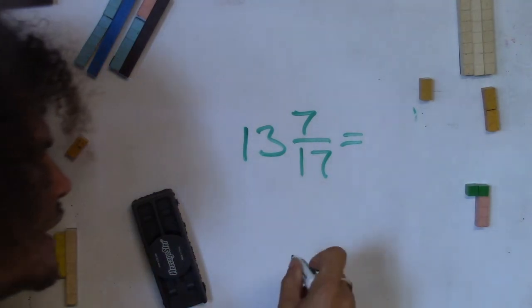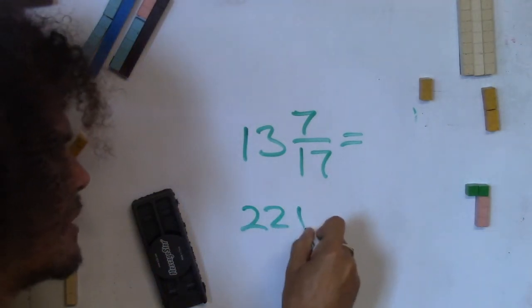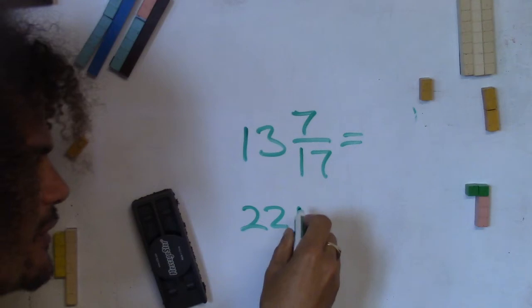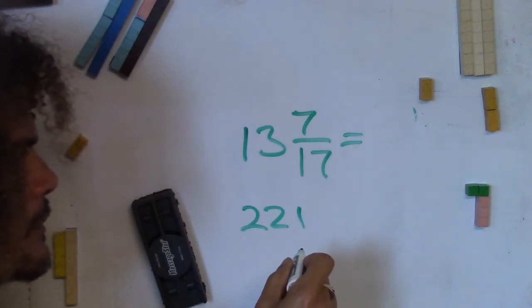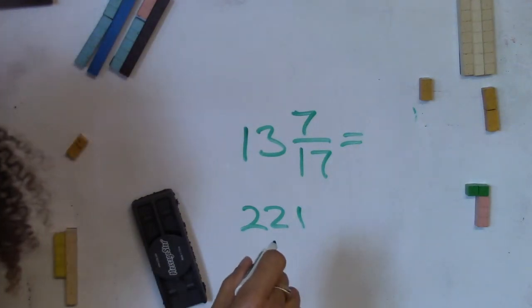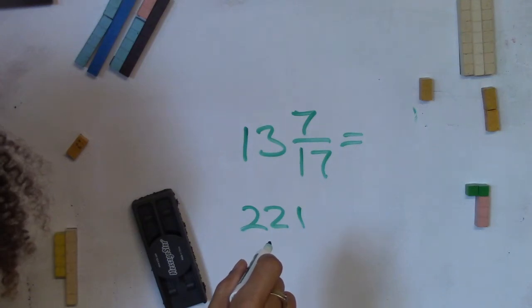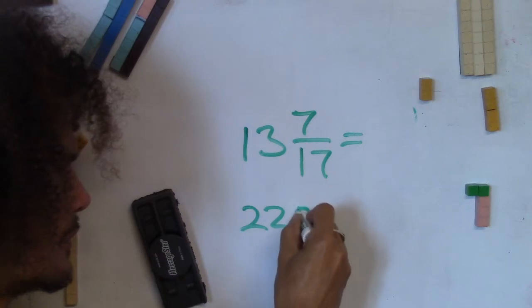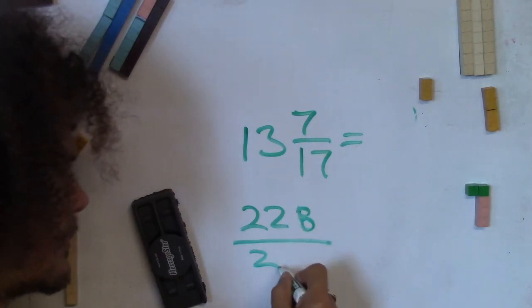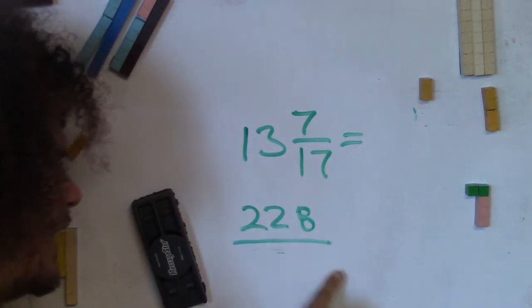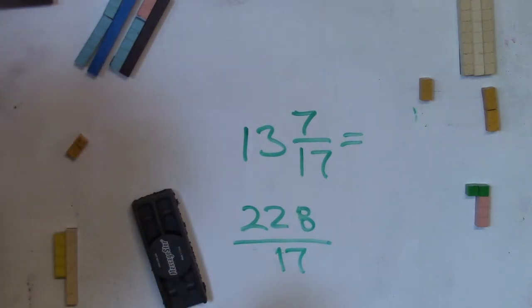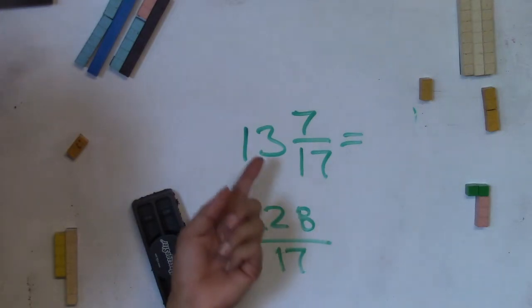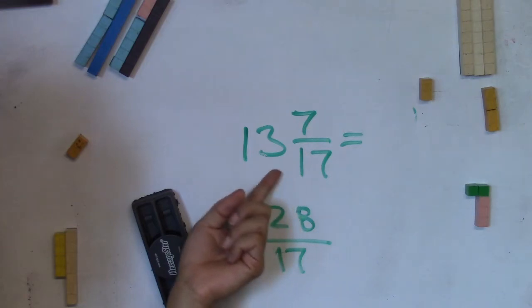Yeah, 221. All right, I like it. So 221. Oh wait, I'd add 7. What am I gonna have? And then 221 plus 7 equals 228 over 17. There you go. I like it. Done. Look at you. Right? And see, that's what I mean. When you can do the multiplication of these guys, it makes life easy.